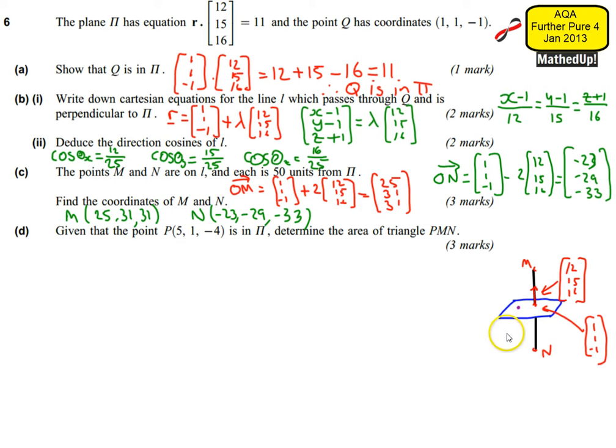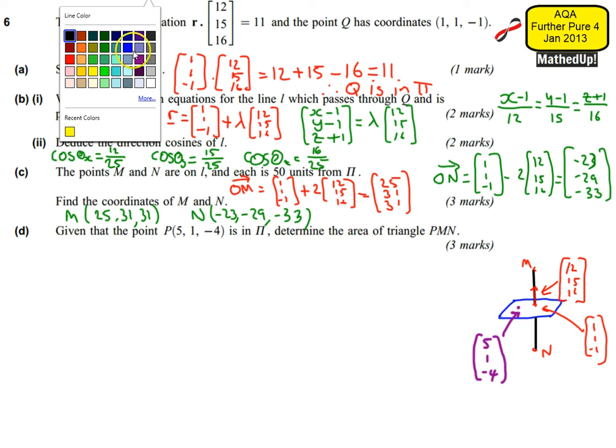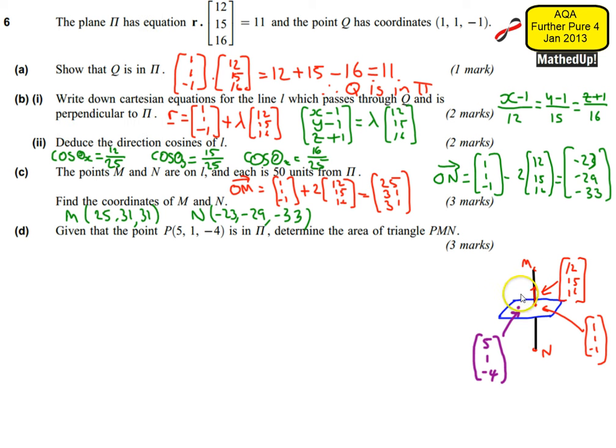So we'll call that point P, and point P has the point 5, 1, negative 4. Okay, so now what we're saying here is that we've got a triangle that's made up from P to M and P to N. Okay, so we're trying to work out the area of this triangle here.